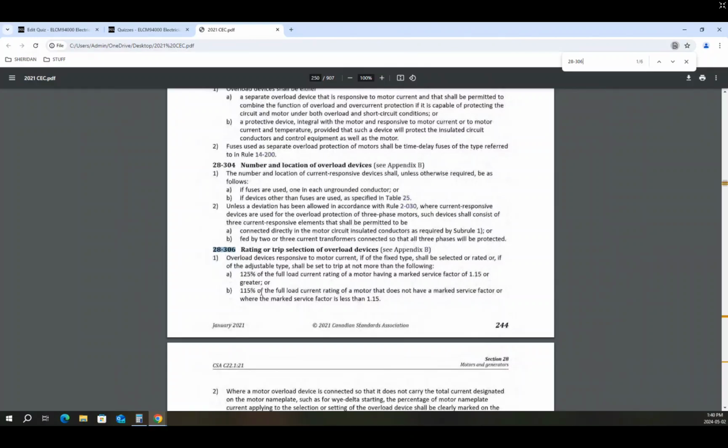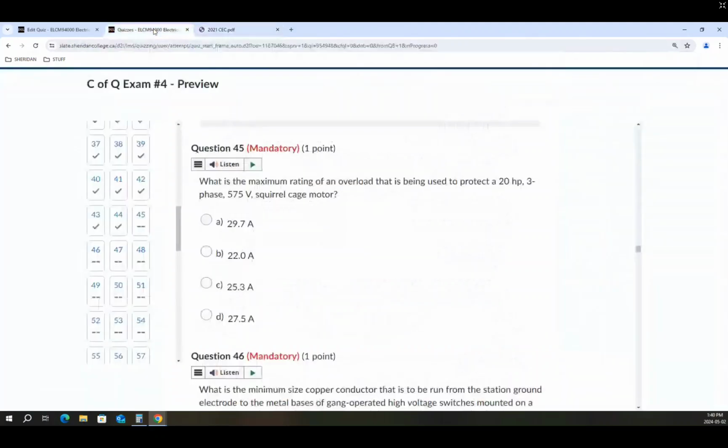And we should know this almost by heart. Overload devices for motor current, because again, section 28 is motors, shall be selected or rated to set trip at not more than 125% of the full current rating, having a marked service factor of 1.15 or greater, or 115% of the full load if it doesn't have a marked service factor.